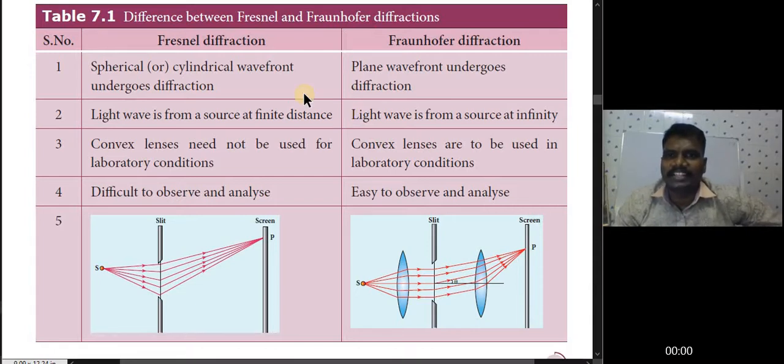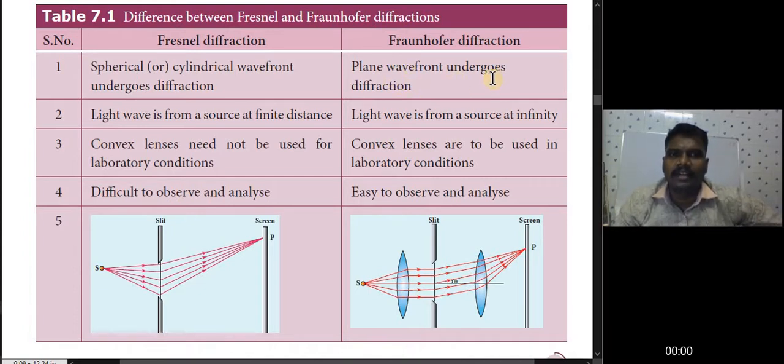For the Fresnel diffraction, the first point is spherical or cylindrical wavefront undergoes diffraction. For the Fraunhofer diffraction, plane wavefront undergoes diffraction, so the shape of the wavefront is plane.